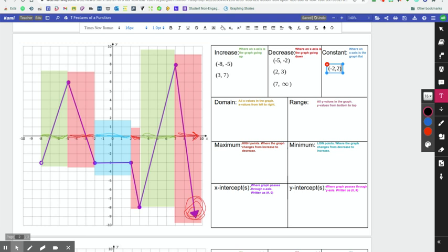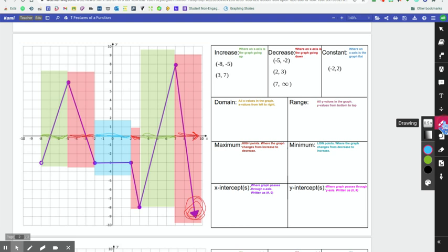Okay. Now we're going to talk about domain. Okay, now domain is all the x values on the graph. And we read that from left to right. So what I'm going to have you do is we're going to take, what color is this? Orange. Let's see if I can find an orange color. We're going to look at our graph.